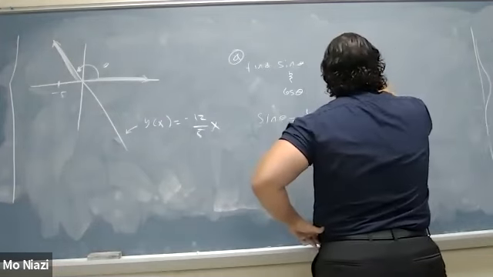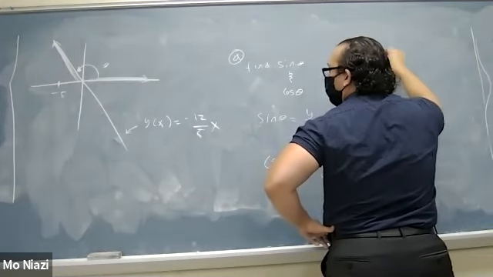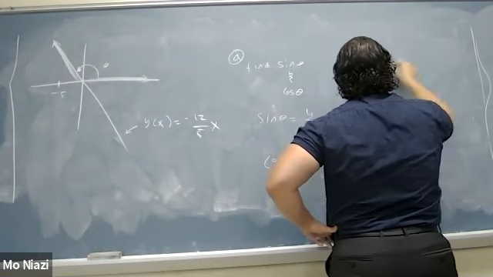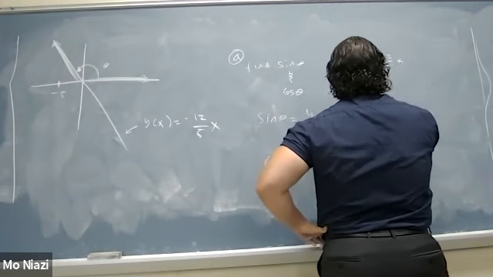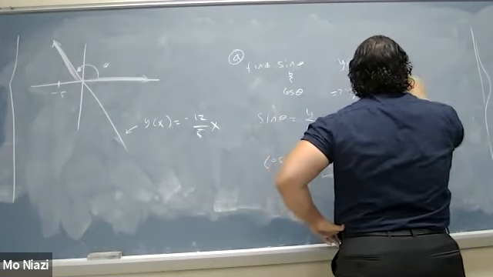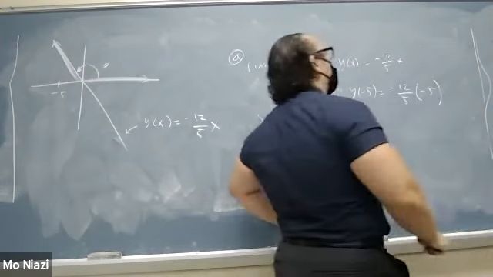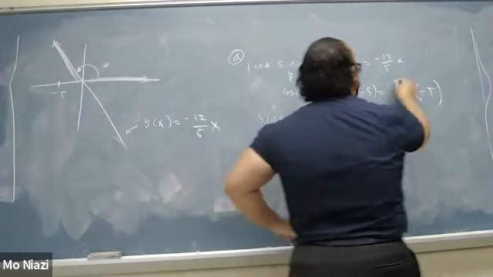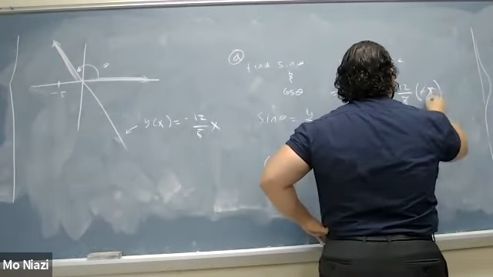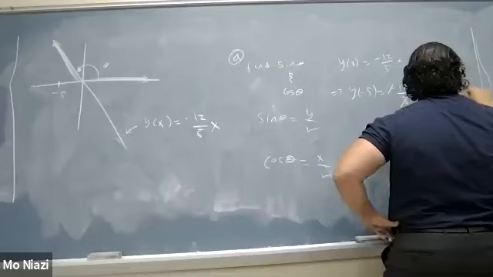Then y of x equaling -12 over 5x. That implies y of -5 will equal -12 over 5 times the -5. Notice that not only do the negatives cancel, so do the 5s. So we get a really nice whole number, 12.